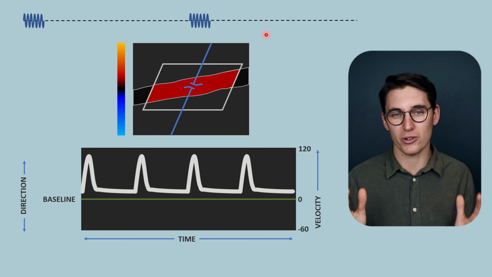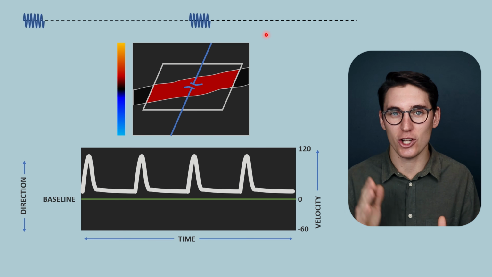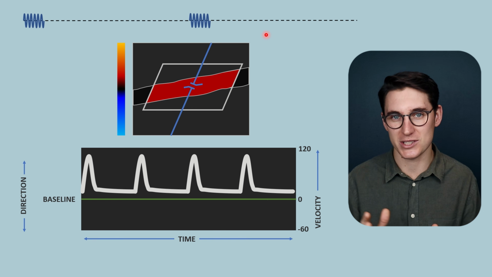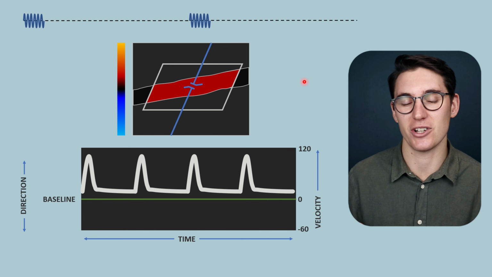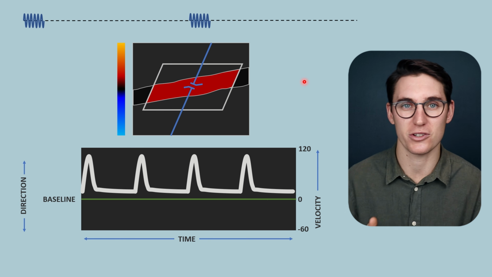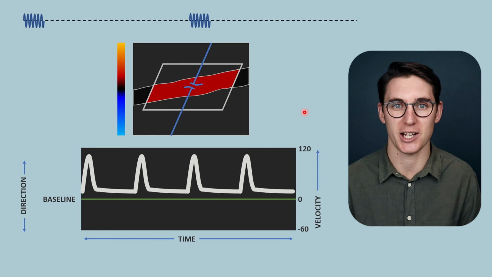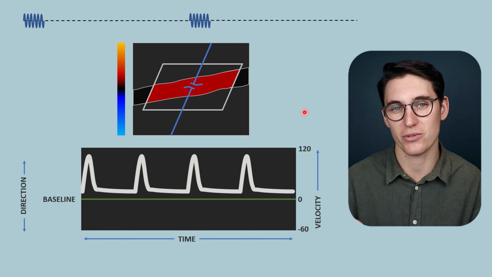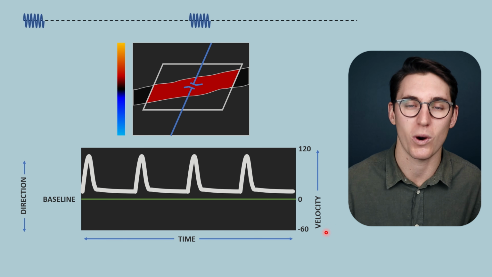We increase the pulse repetition period. Now we're sampling that tissue at a lower rate. Our pulse repetition frequency has decreased. But because the Doppler shift in this blood at the set velocity is still less than half the pulse repetition frequency, we can still accurately map those velocities over time. So changing our pulse repetition frequency will change the scale that we use, the velocity scale, on our y-axis in spectral Doppler.